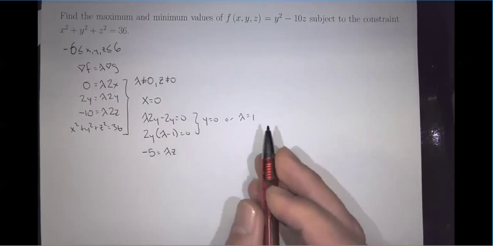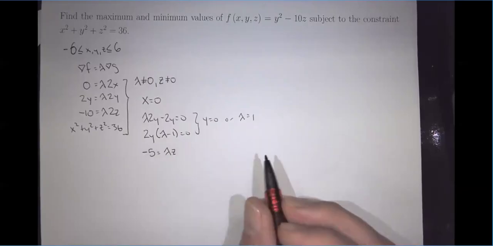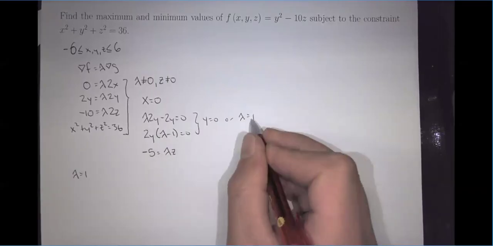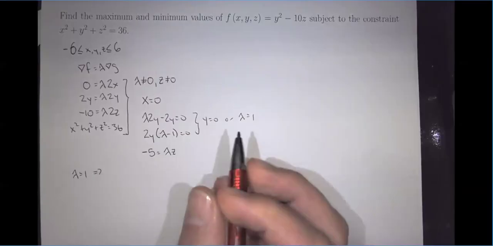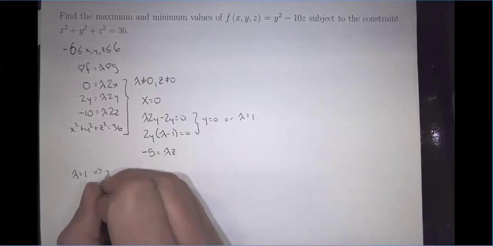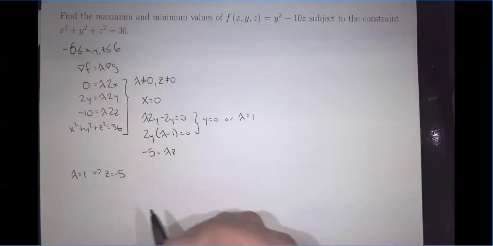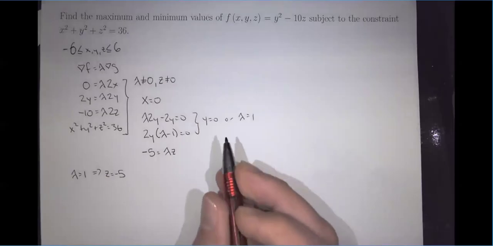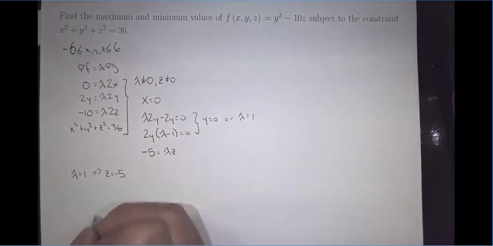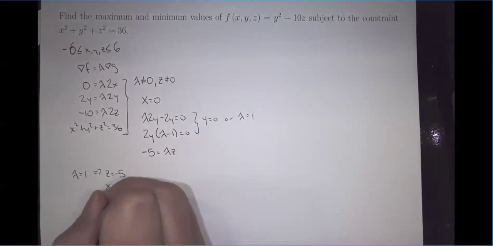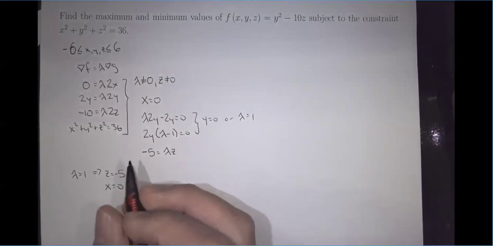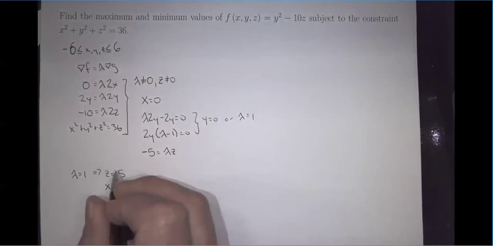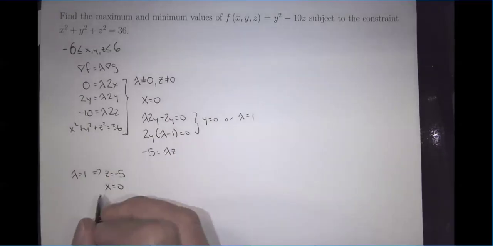All right, so if lambda equals 1, from here that tells us that z is equal to -5. Okay, and so we have x equal to 0, z equal to -5, and so y has to be what remains in the constraint equation.